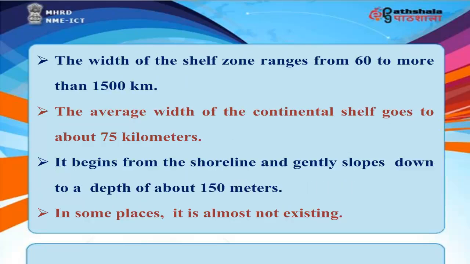The width of the shelf zone ranges from 60 to more than 1,500 kilometers. The average width of the continental shelf goes to about 75 kilometers. It begins from the shoreline and gently slopes down to a depth of about 150 meters. In some places, it is almost not existing.